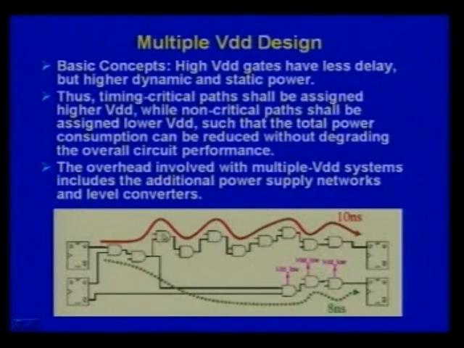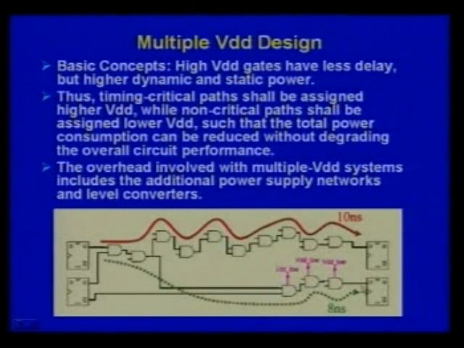So the gates on the critical path can be operated at higher supply voltage. On the other hand, the gates on the non-critical path can use lower supply voltage, because their delay will increase if you operate at lower voltage, as you have seen. But as long as their delay does not exceed this 10 nanoseconds, you are safe, because you know that the overall delay from here to here should not exceed the critical path delay.